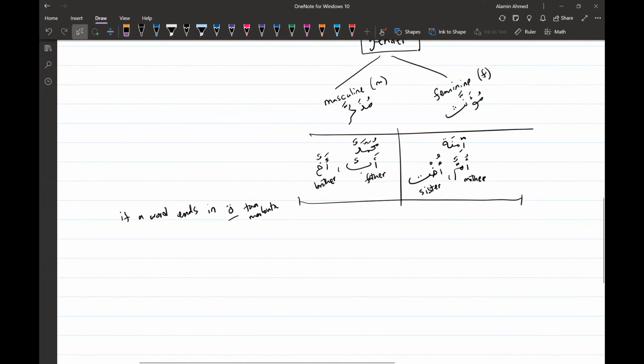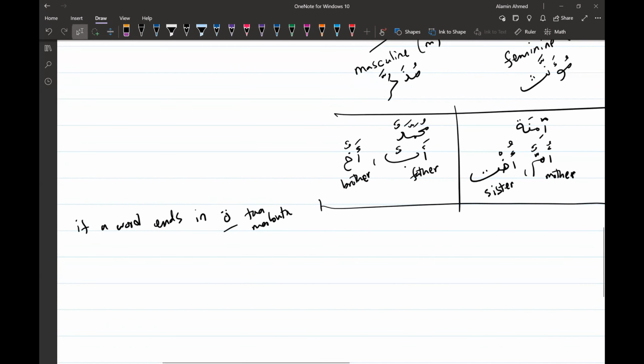This is one concept that usually takes time for people to understand. If any word ends in ta marbuta, it will be considered a feminine word. It might not have anything to do with masculinity and femininity, but if the word has ta marbuta, then in Arabic language, from the grammatical perspective, the word is treated as feminine.